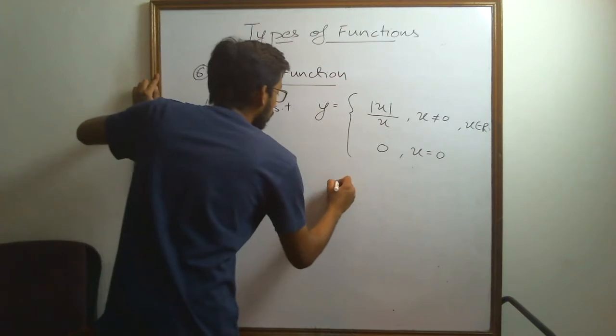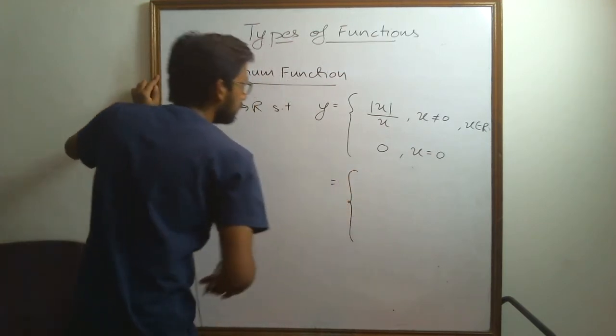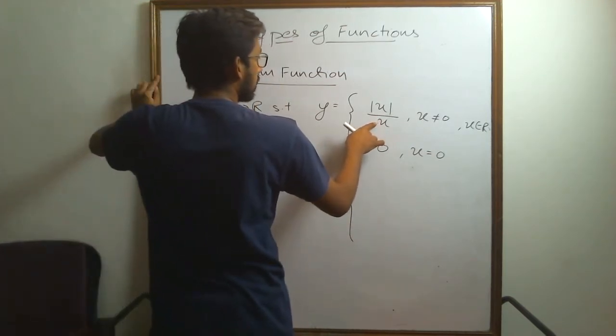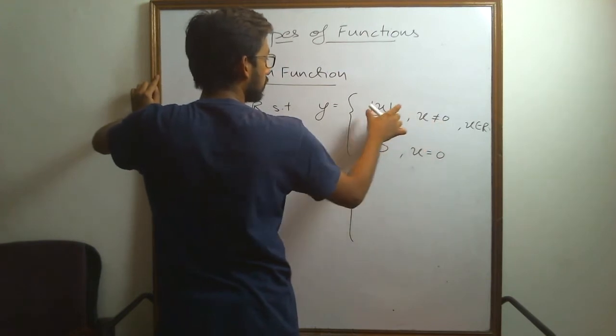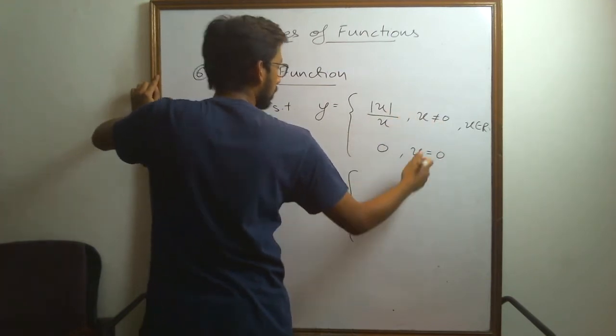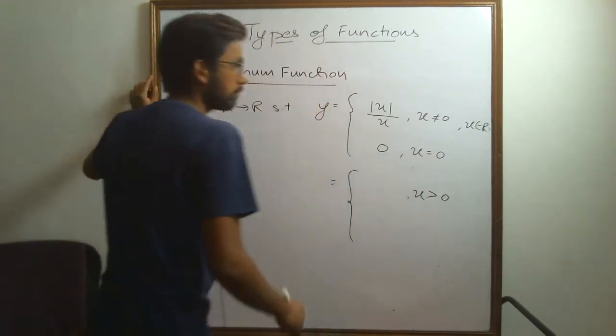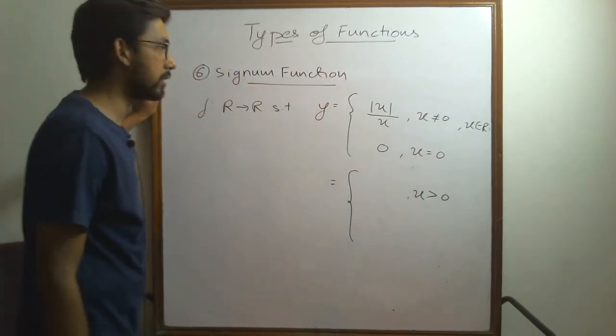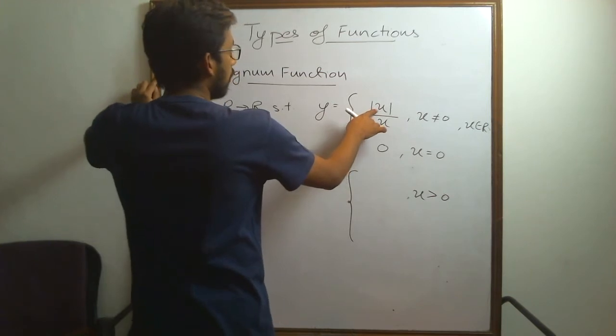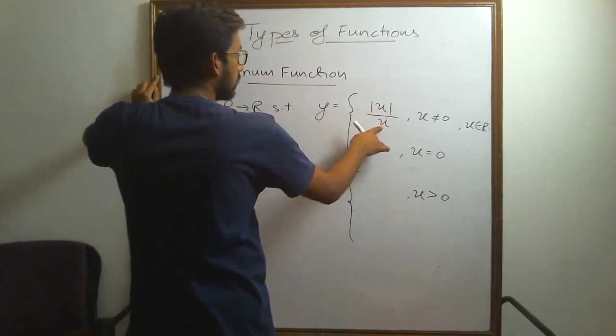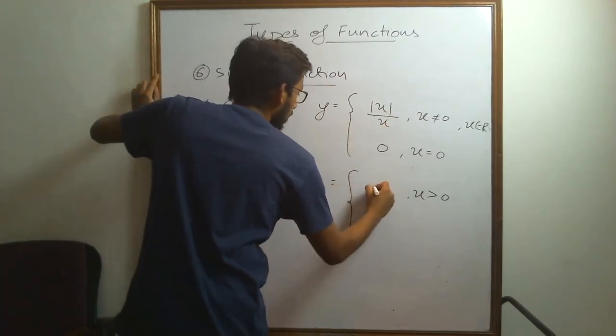If we write it down further, when x is not equal to 0, this is the definition. So if I take the interval x is greater than 0, in that case mod x will be written as x and x is here in the denominator, so x upon x will be equal to 1.